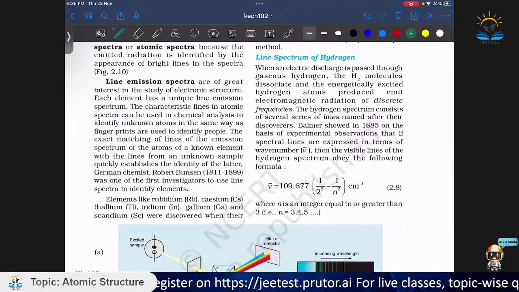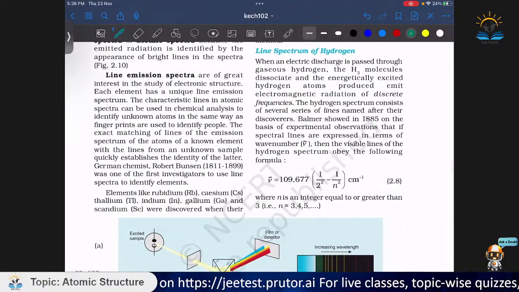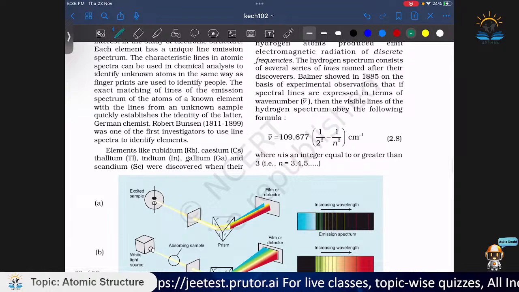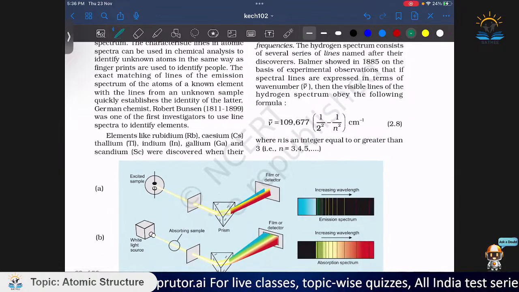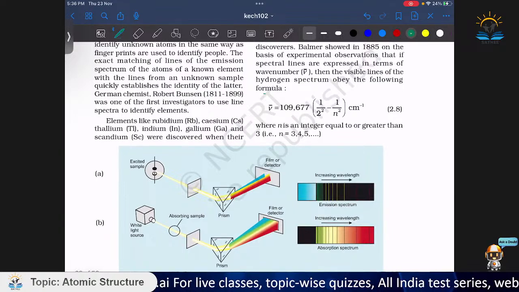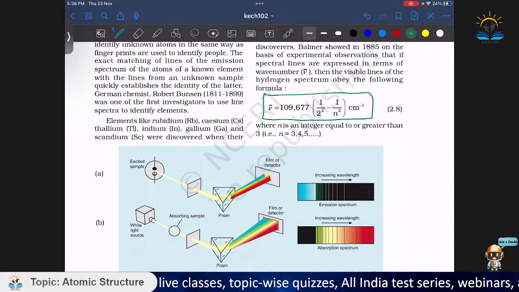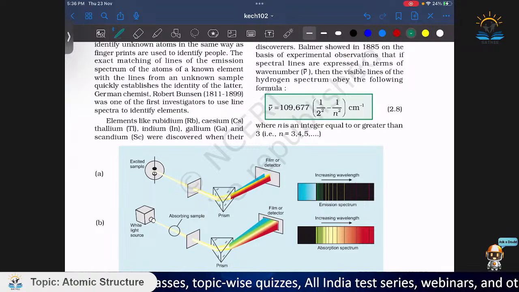Now we come to the line spectrum of hydrogen. How do we find the value of these energy levels? We have a formula for the wave number. Wave number is 1 divided by wavelength.